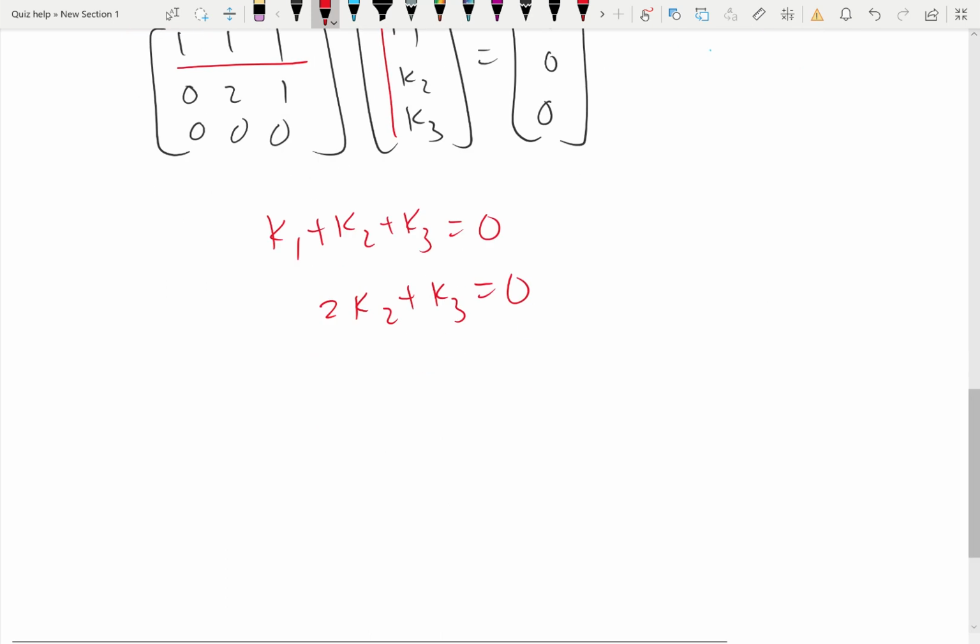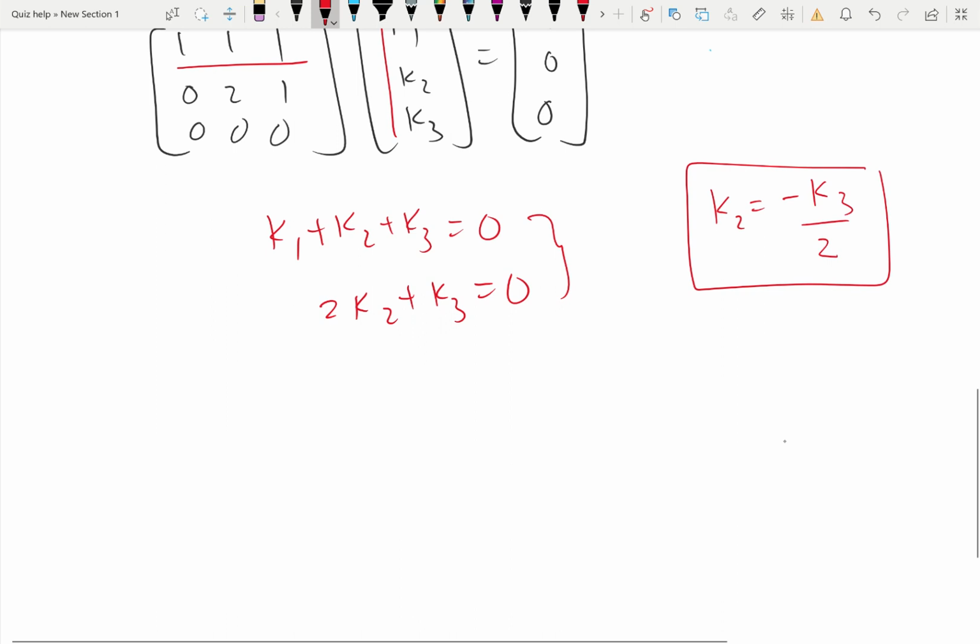Now we want to make relationships here. From the second equation, k2 is -k3 over 2, right? From the first equation, k1 is -k2 minus k3 if you take k2 and k3 to the right. Now choose k3 smartly. What would you choose for k3?